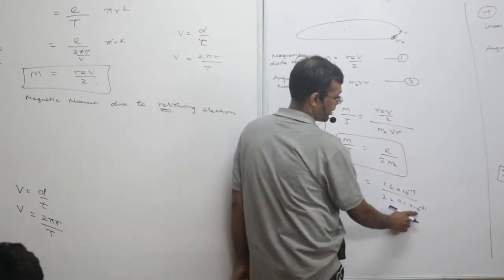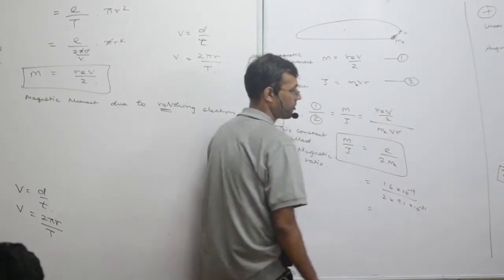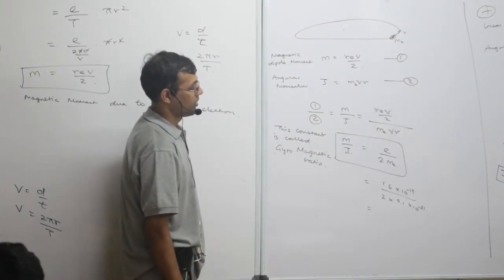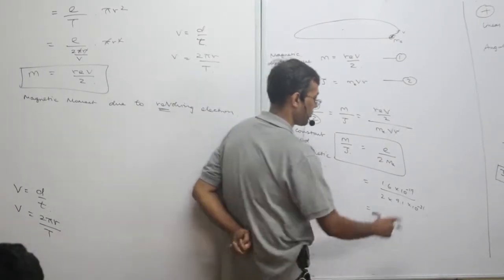When 10 power minus 31 goes to the top, it becomes 10 power plus 31. 31 minus 19 will become 12. So 10 power 12.